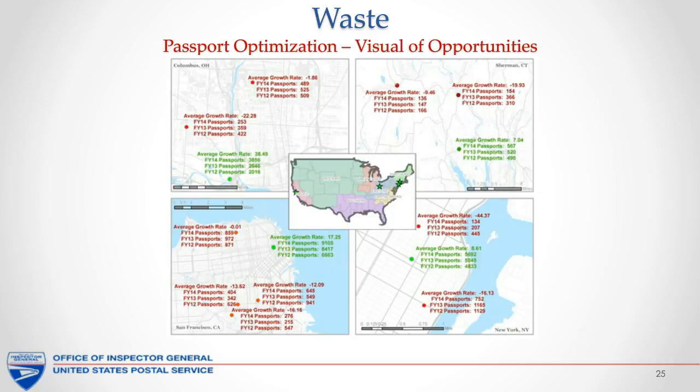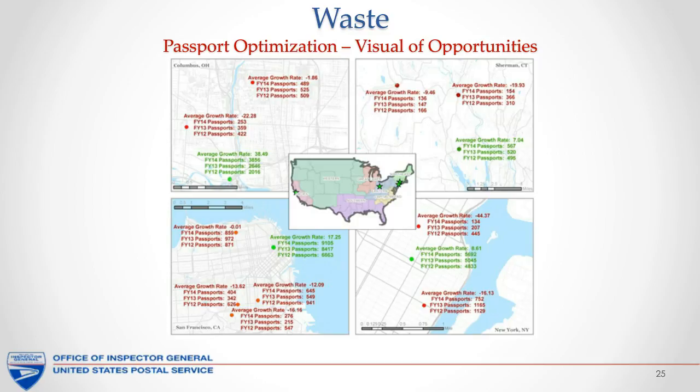Where do we have passport facilities that are highly successful, but yet they're near passport facilities that aren't performing as well? So here's 4 particular locations spread throughout the U.S., and the ones in green are the ones that are increasing in the number of passports that they're issuing every year, whereas the red ones are decreasing. So if you look closely, hopefully you all can see the numbers, but there tends to be a clear movement where people are relocating from the red facilities to the green facilities.